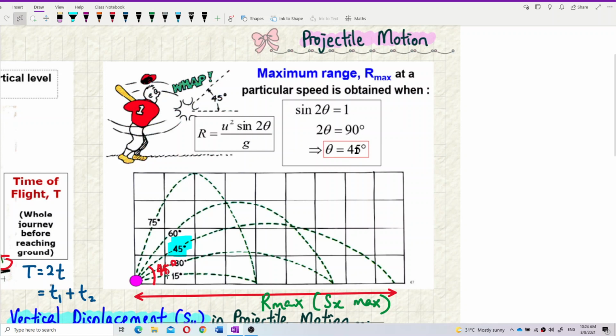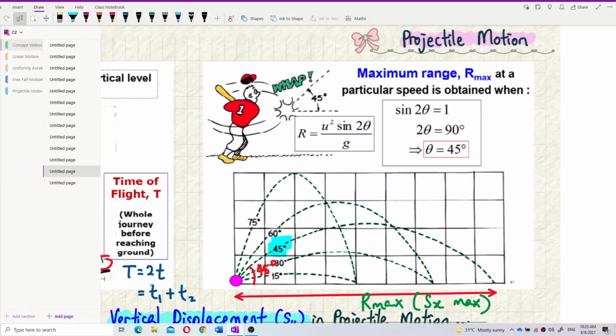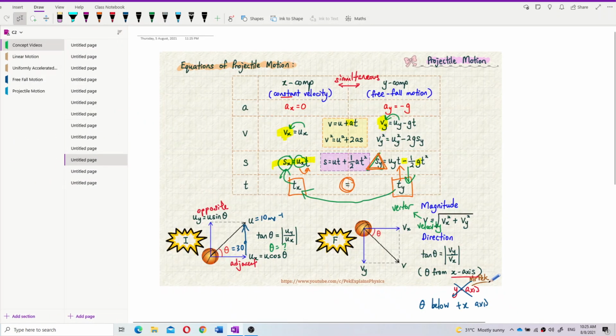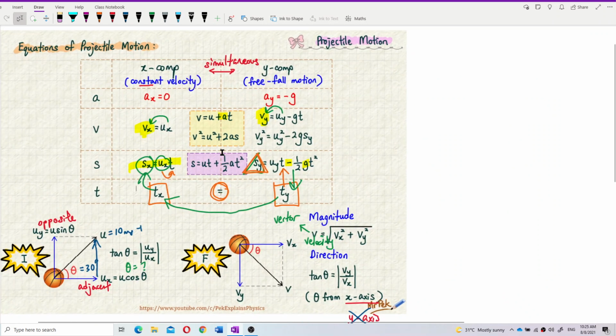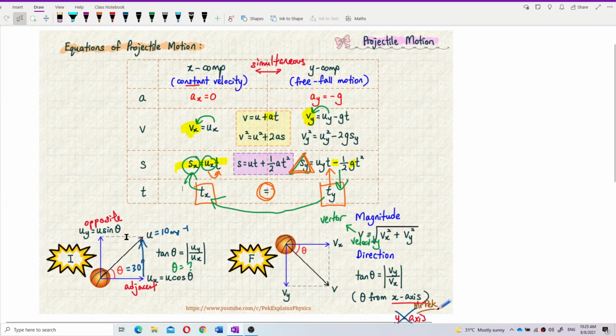How to get the 45 degrees? Actually, we use the formula R equal to U square sine 2 theta over g. This formula is derived out of the formula over here, where you have the U cos theta. To find the Sx, you substitute into here, and then combine with the Y component.